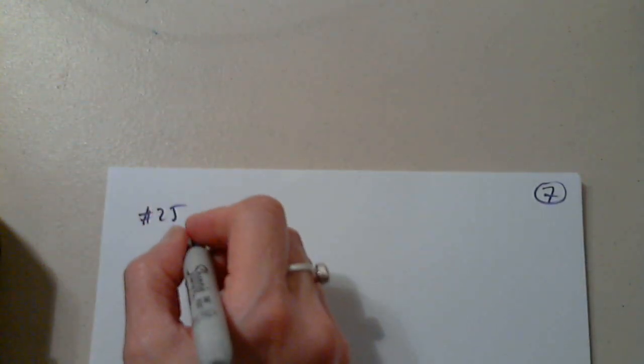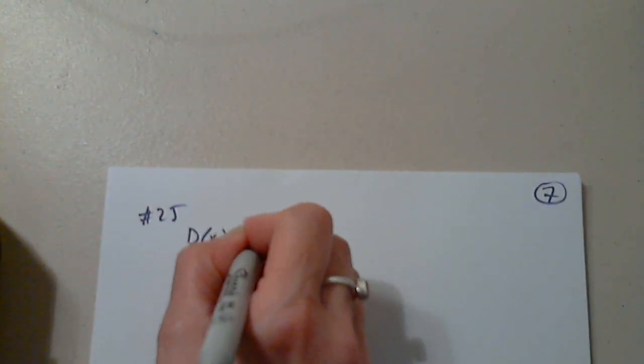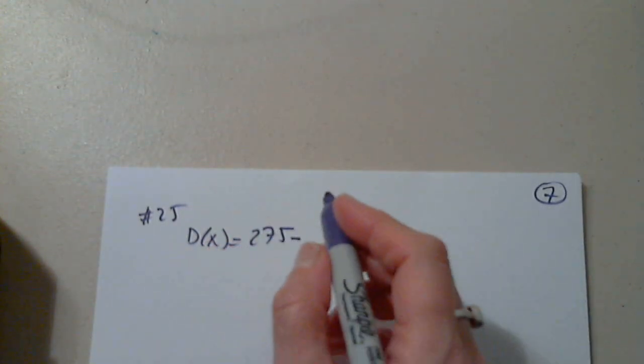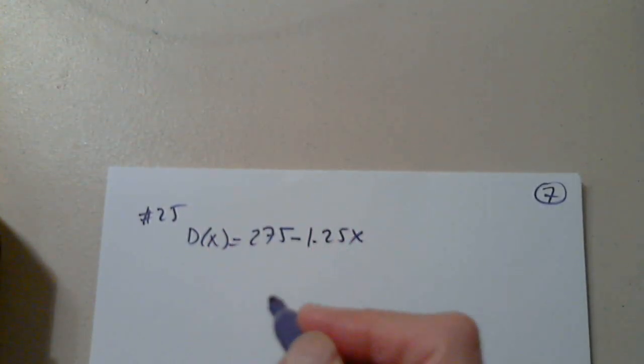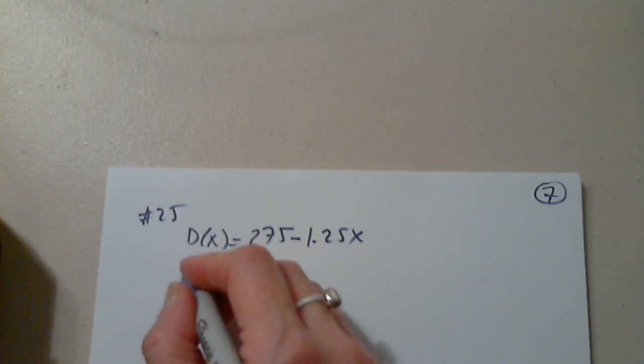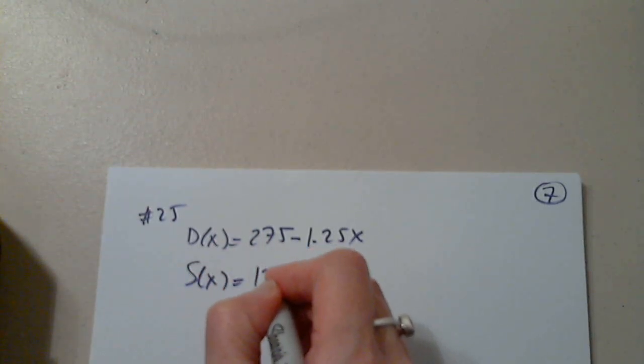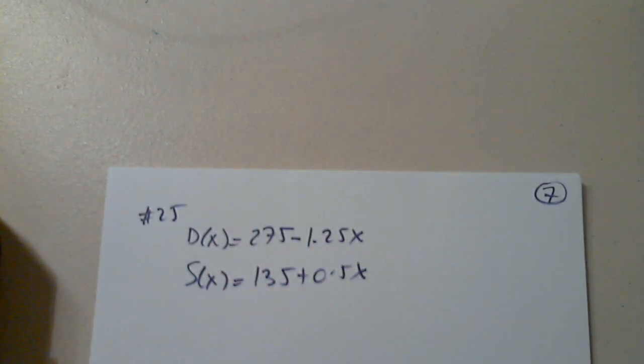Which page am I on? I'm on 7. Okay. Suppose the demand for bicycles in Ocean Shores is given by d of x, 275 minus 1.25x, and the supply function s of x, 135 plus 0.5x. And we know the drill.